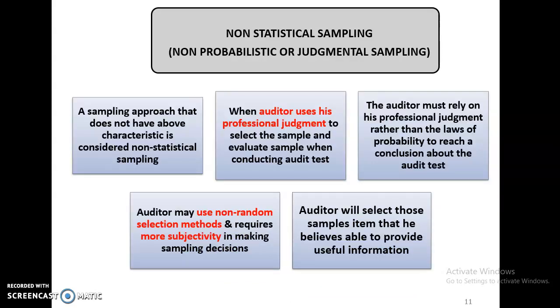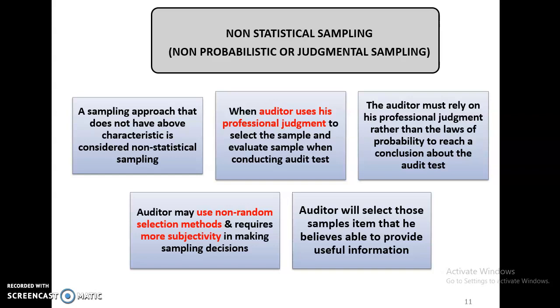While non-statistical sampling, or non-probabilistic or judgmental sampling, is basically based on the auditor's professional judgment and their experience in selecting the sample. Because we rely on professional judgment, it may not be that defensible when we use it in a court.